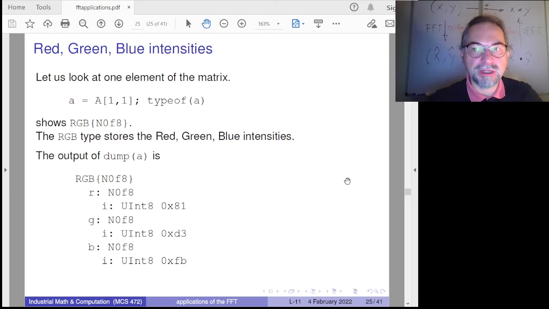We have the primary colors, red, green, and blue, and all kinds of colors are combinations of these three primary colors. You see here that dump is interesting. Dump shows the content of a Julia variable. So here we have not only the type, but we also have the fields R, G, and B, and the name of the type. Essentially they are unsigned 8-bit integers. So that's what they are.